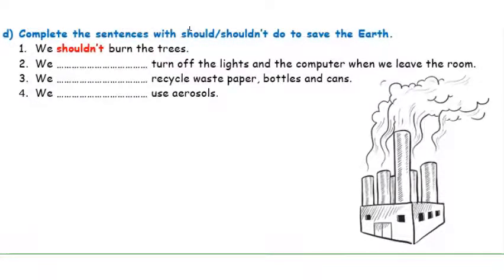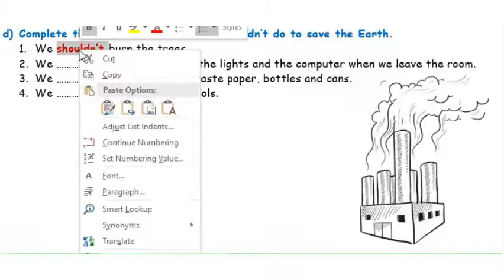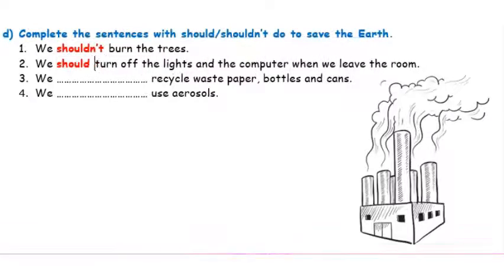So when you turn off lights and electric devices, you are reducing the use of electricity and then reducing burning fuel, helping reduce air pollution also. So should we turn them off? Yes, we should. So yes, we should turn off the lights and the computer when we leave the room.